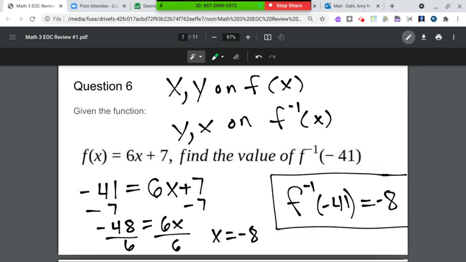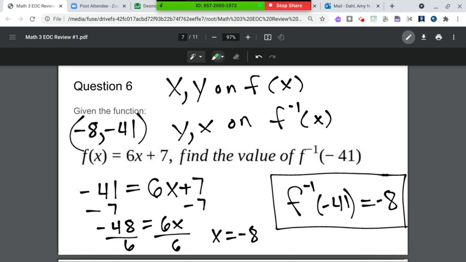Wait, why are you plugging in negative 41 for f of x when negative 41 is f inverse of x? Because on the f of x function, the ordered pair is -8 comma -41, right? That is a true ordered pair on that linear function.